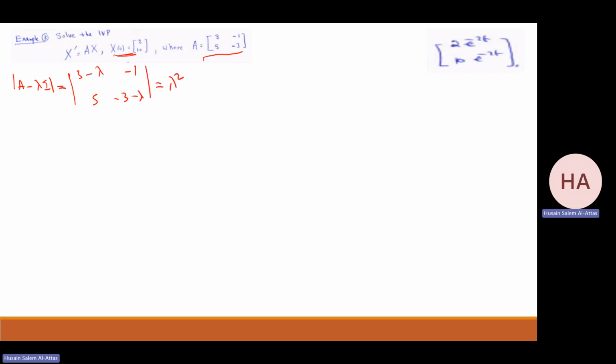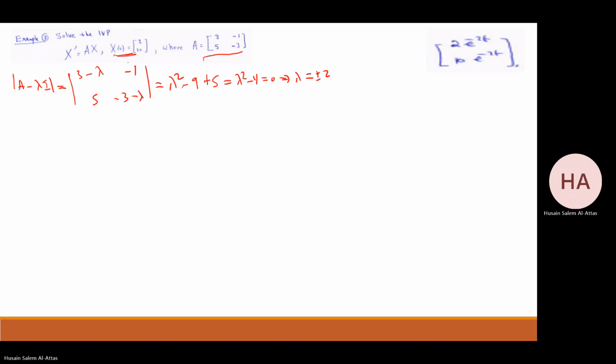That will be lambda squared, 3 lambda minus 3 lambda, nothing is there. Minus 9, plus 5. That gives me lambda squared minus 4 equals 0. So lambda equals plus or minus 2.